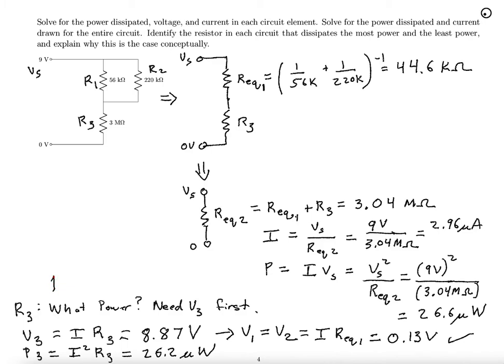So now go backwards, I1 and I2. V equals IR, so I equals V over R. So that was V1 over R1 and V2 over R2. Of course, V1 and V2 are the same as we have over here.